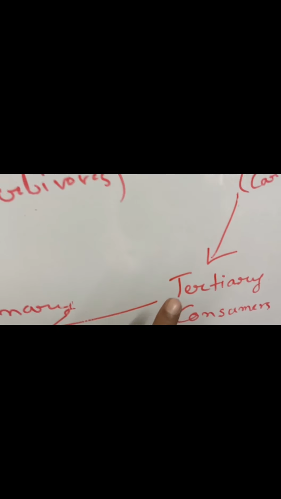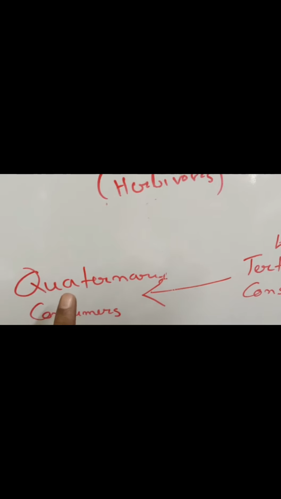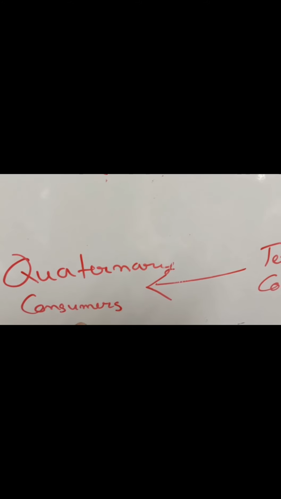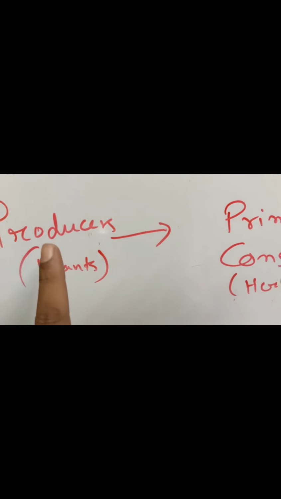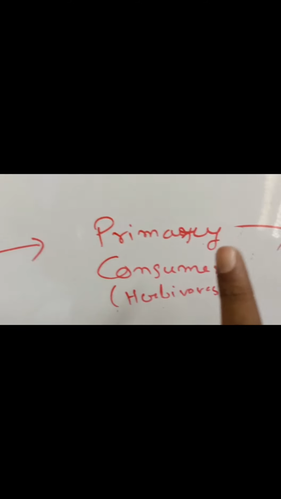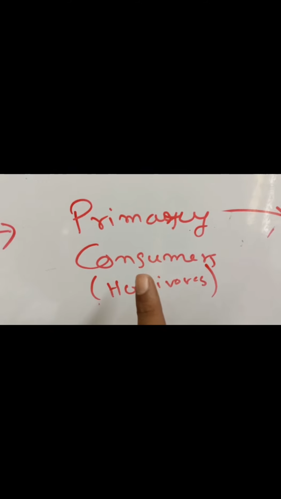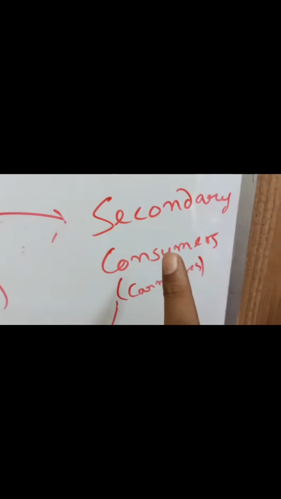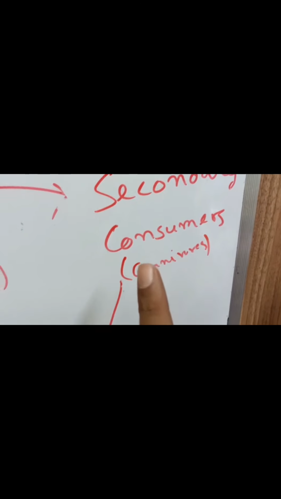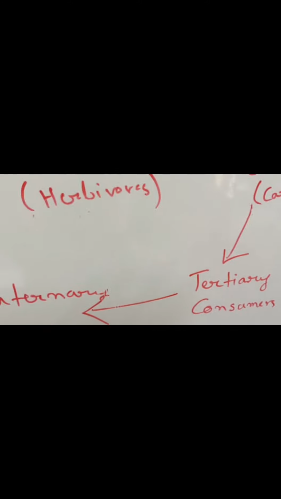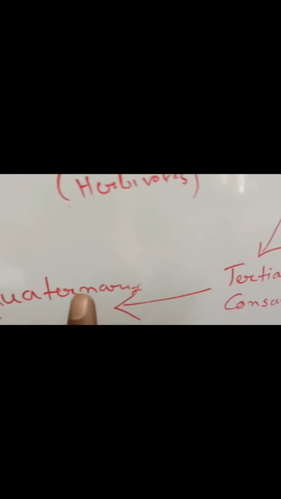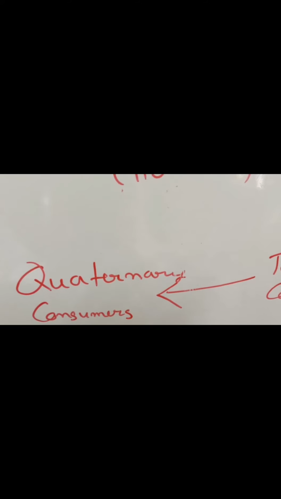And tertiary consumers are eaten by quaternary consumers. So first of all, plants means producers are eaten by primary consumers. Primary consumers are eaten by secondary consumers. Secondary consumers get eaten by the tertiary consumers, and tertiary consumers are finally eaten by quaternary consumers.